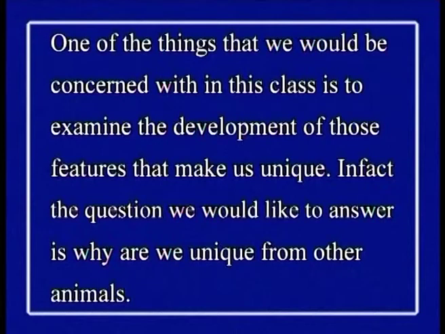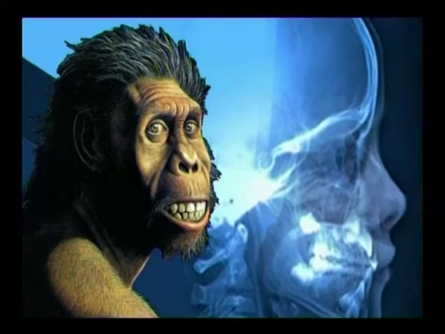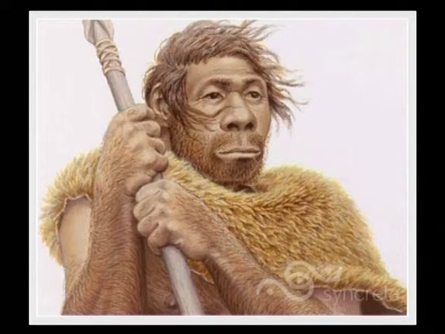One of the things that we will be concerned with in this class is to examine the development of those features that make us unique. In fact, the question we would like to answer is, why are we unique from other animals? If you look at Homo sapiens, the evidence we have is all in the fossils.